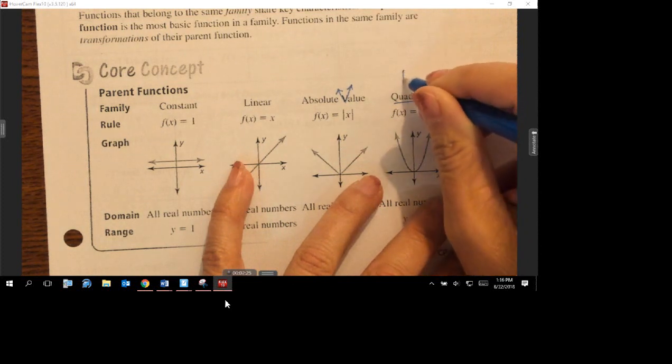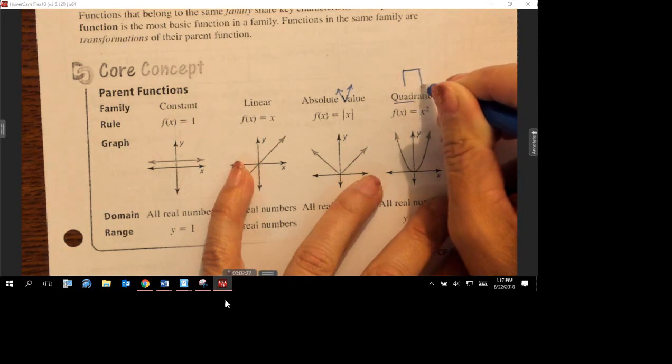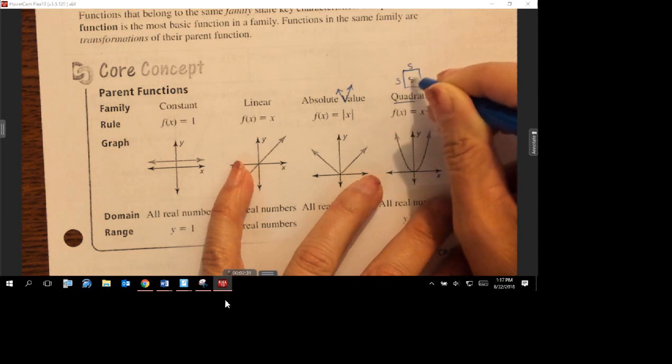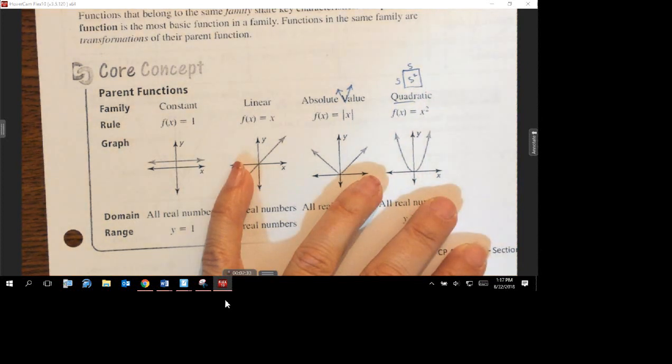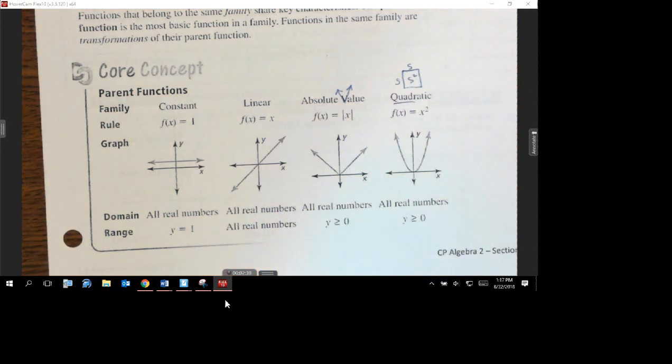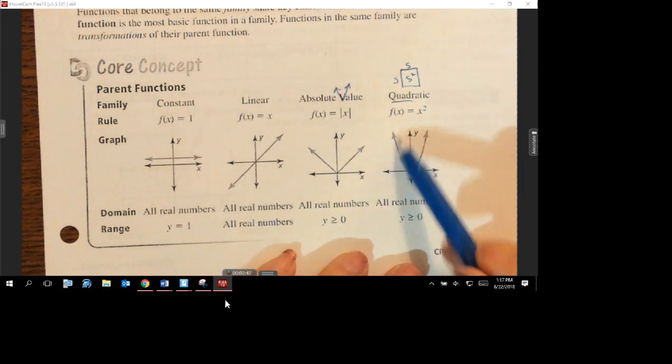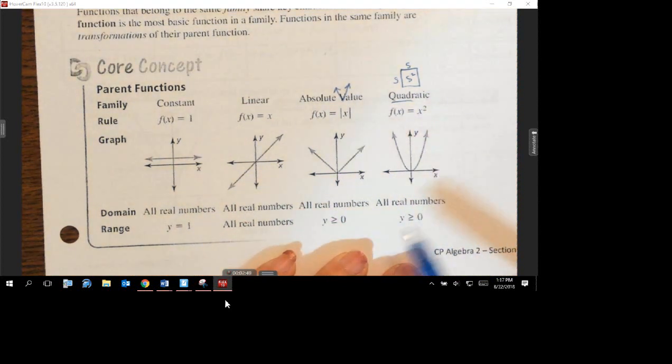Square is like when we're talking about area and you take a square and multiply s times s and it gives you s squared, right? Area. That's where the quad part comes from, because squared has to do with a 4-sided figure. It looks like a U shape. Do you guys do this before? Yes. Okay. Algebra 1.